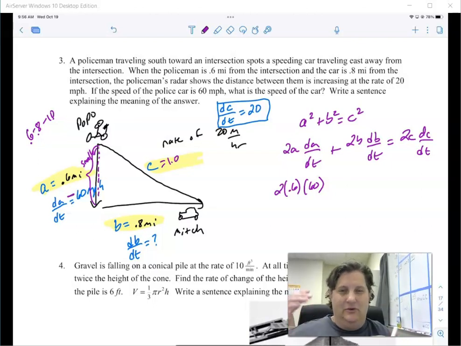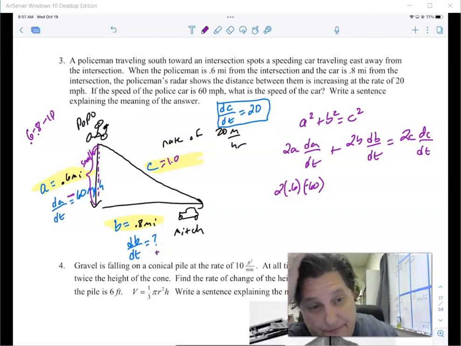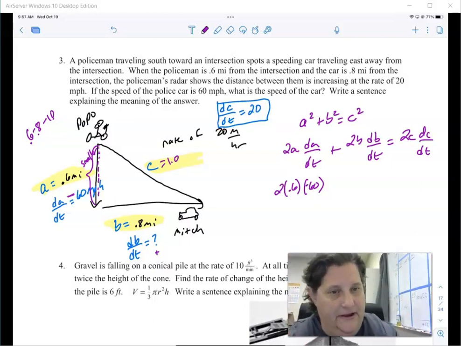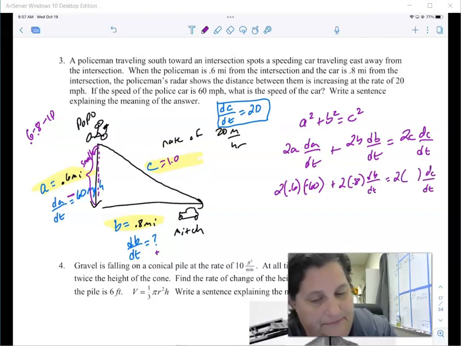Not because he's slowing down, but because he's shortening the distance, whereas this is going to be a positive rate. So I need to remember to put a negative 60 in there. And you've got to be a little careful of thinking about whether it's getting bigger or smaller, okay? All right, 2b is 0.8, dB dt is what we're trying to find. And then 2c dC dt, okay?